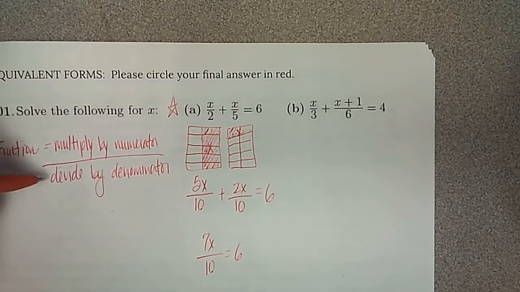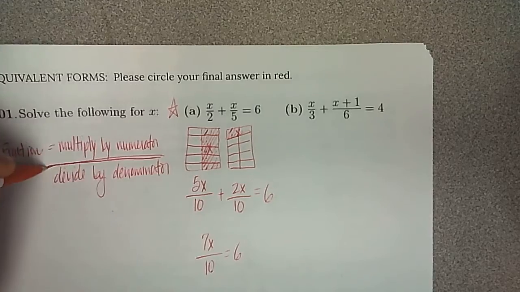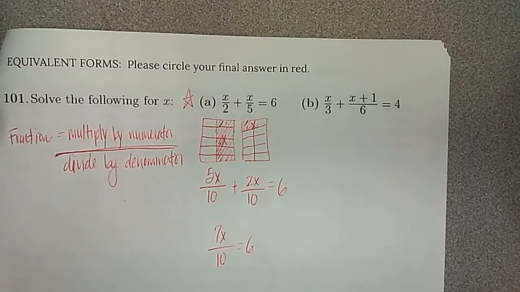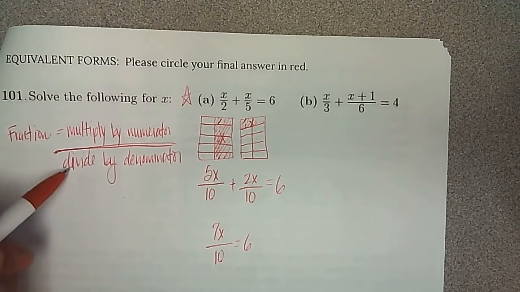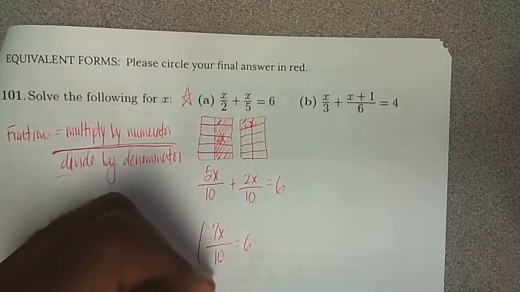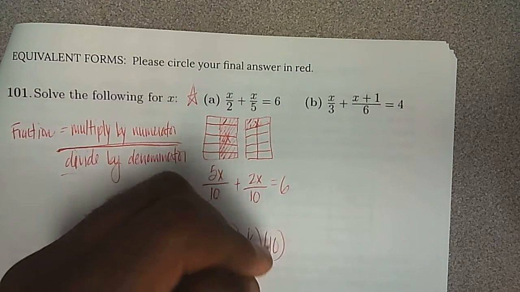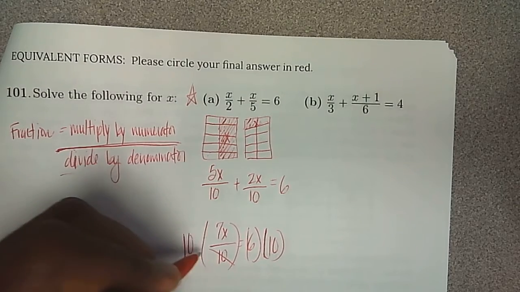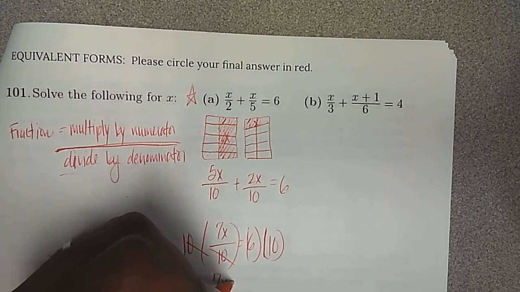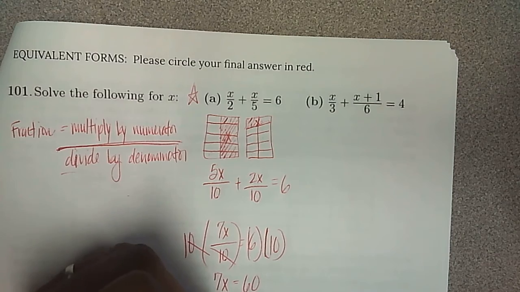All of them. So if this is division, because it's on the bottom, to cancel it out, I have to multiply. Whatever you do to one side, you do to the other. So these cancel, and this is 7x equals 60.